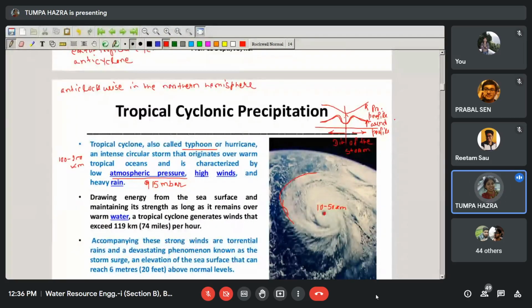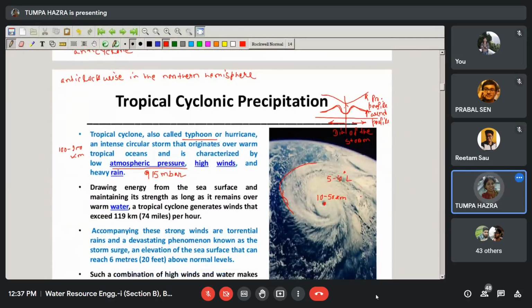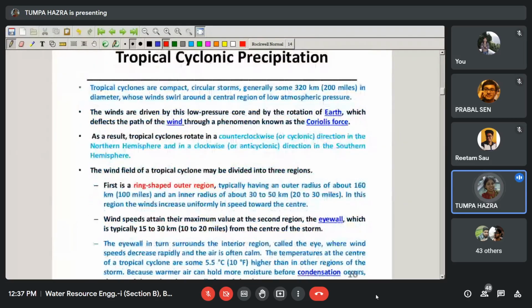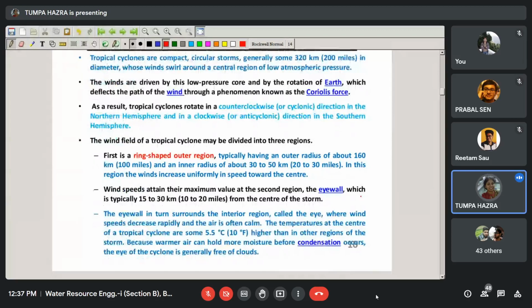So during summer months, tropical cyclone basically originates in the open ocean at around 5 to 10 degree latitude, and moves to the higher altitude through an irregular path. And as I have already told you, whenever it moves through the ocean, it gains energy from the latent heat and increases in size.